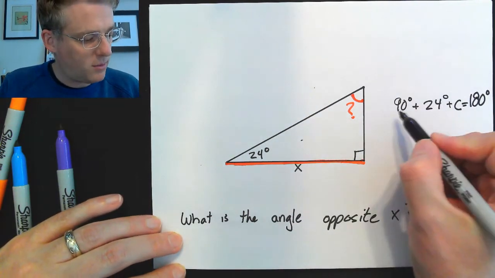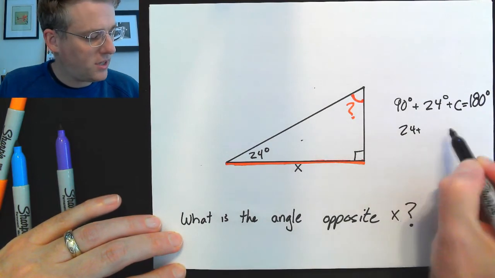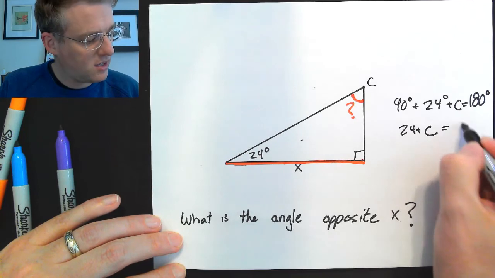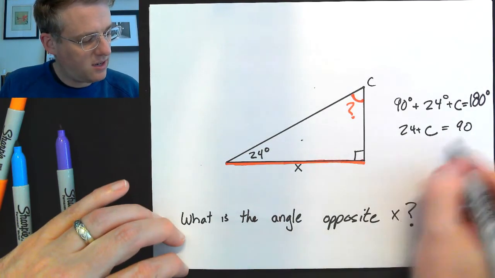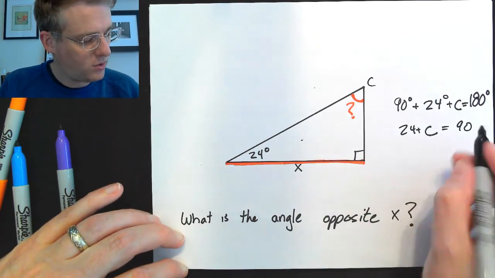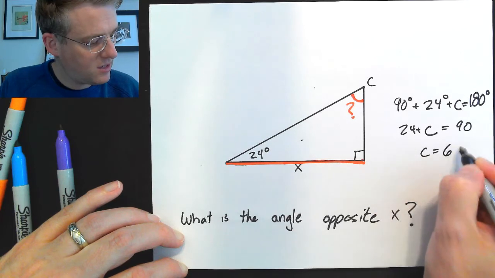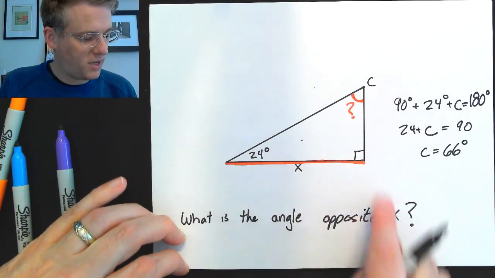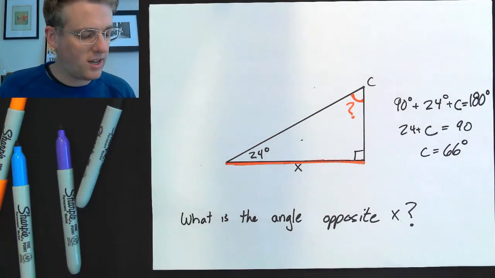So we can subtract some of these things out. 24 plus the missing angle that I guess I'm calling C equals 90. 90 take away 24 would be 66 degrees. 66 plus 24 makes 90 and another 90 for the 180.